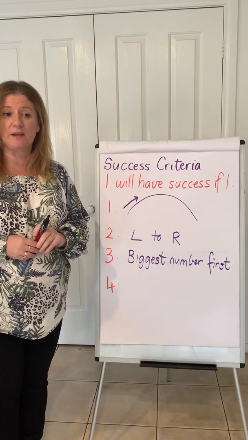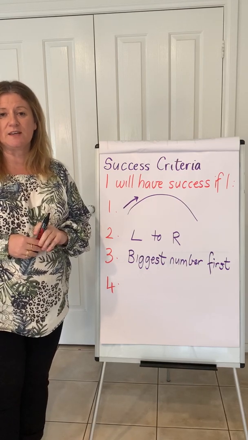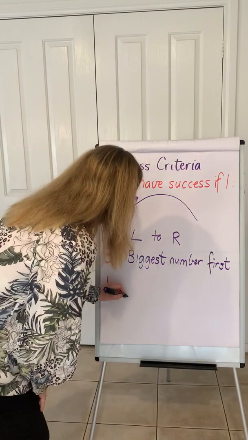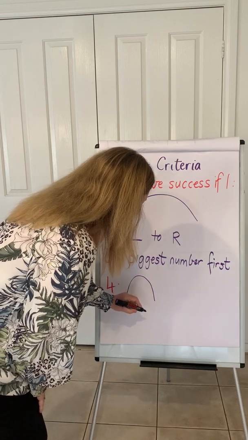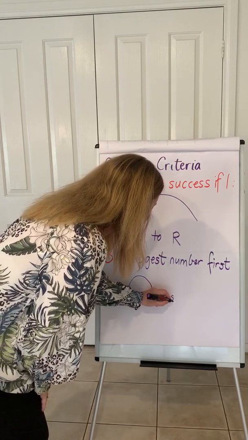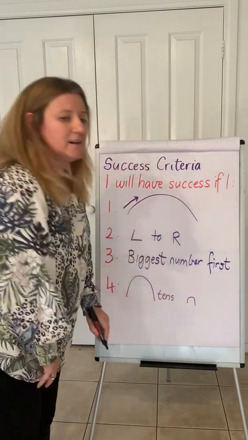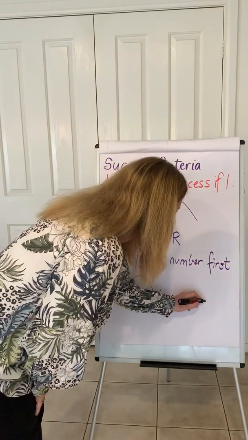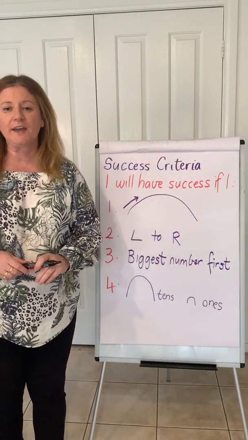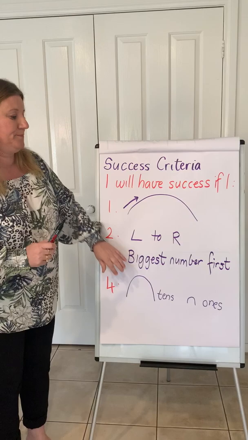And when I'm jumping with numbers in the ones column, I do little jumps. So big jumps when I'm jumping by tens, little jumps when I'm jumping by ones.